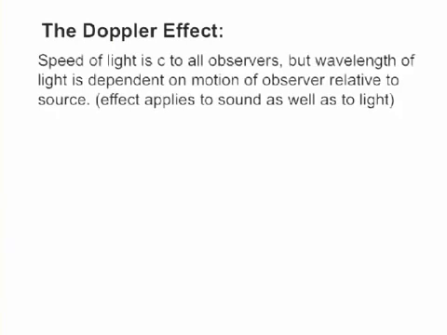The wavelength of light does depend on the motion of the observer. If the wave is coming to you, the waves get shorter. If it's going away, they get redder. The same effect occurs with sound waves as well as light waves.